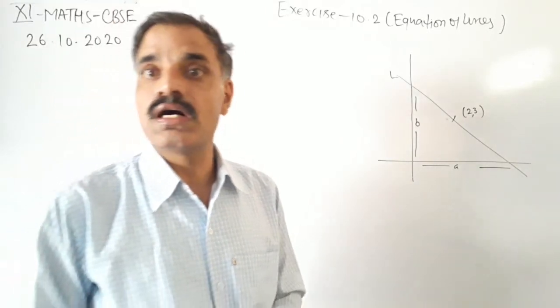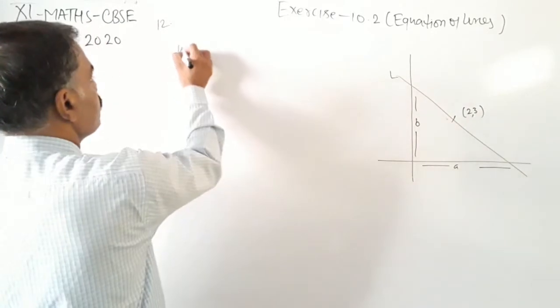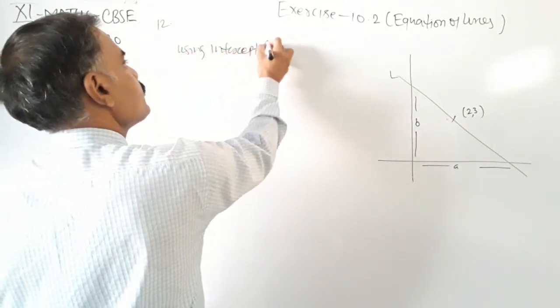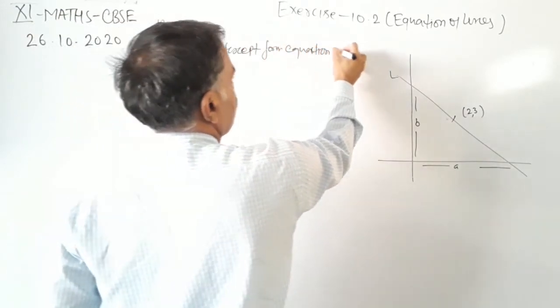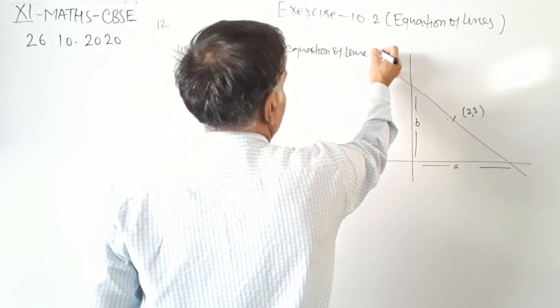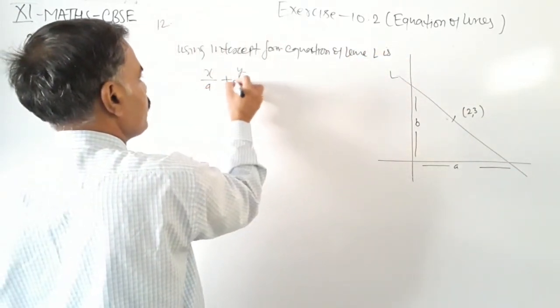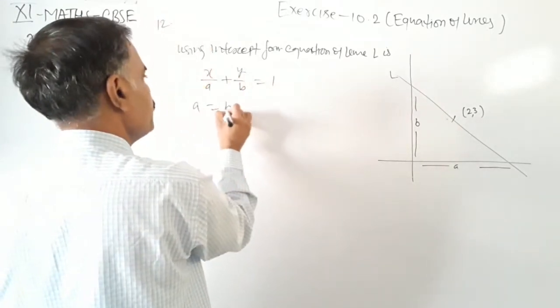So we will use the intercept form of the equation of the line. Equation of line L is x upon a plus y upon b equals 1. A equals b is given.